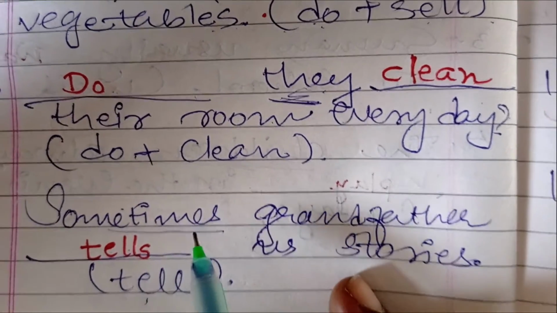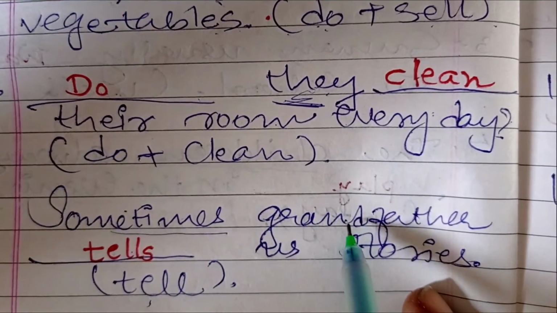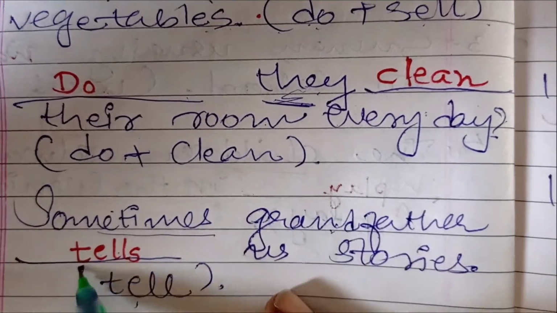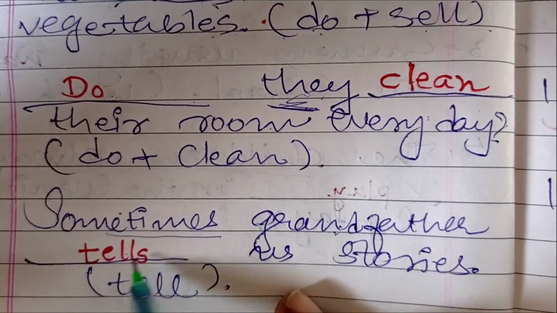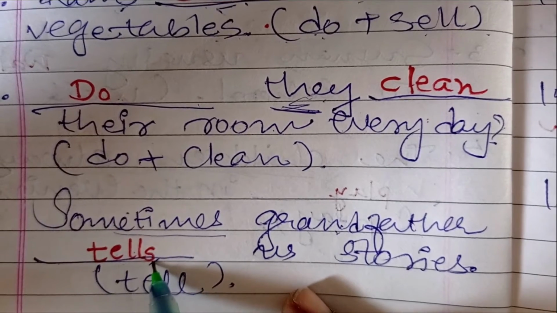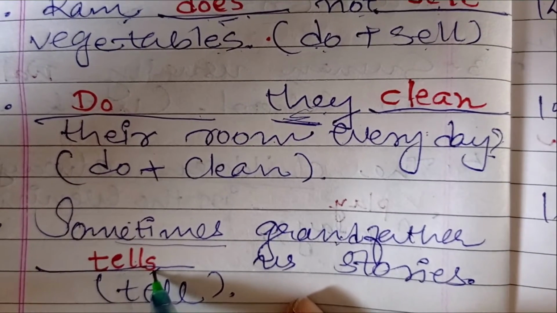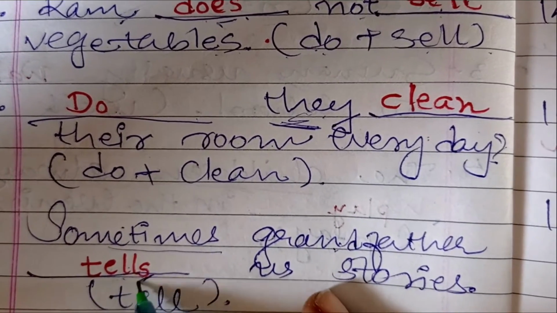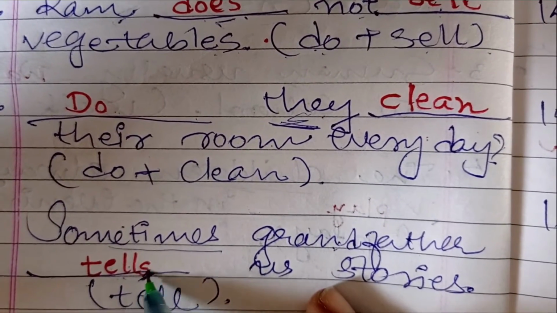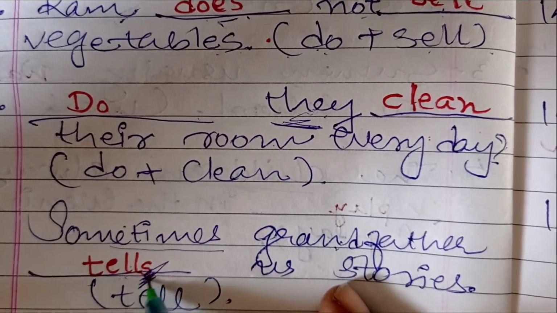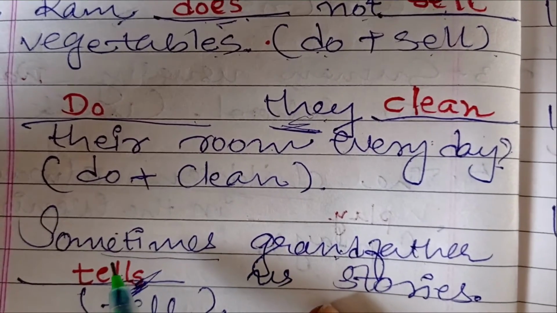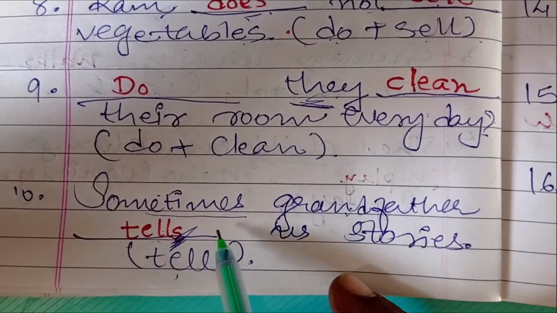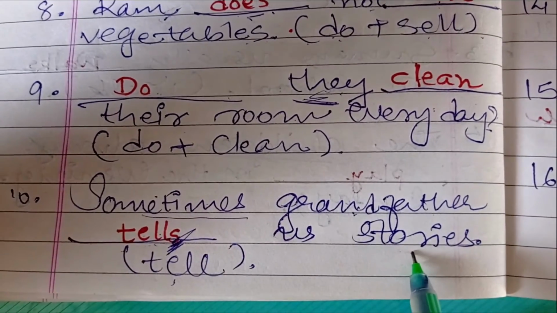Here grandfather is a singular third person, so we have to add s or es with the third person. Grandfather is singular, so we will add s. We will put s here. So the answer will be: sometimes grandfather tells us stories.